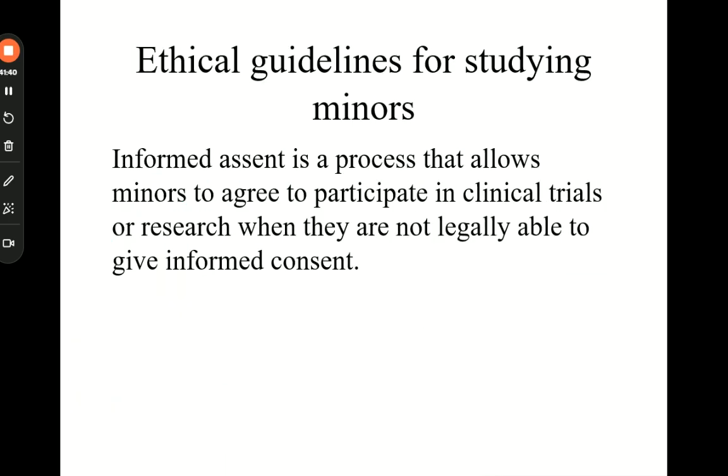When you're studying minors, people under the age of 18, you need informed assent. It's a process that allows minors to agree to participate in clinical trials or research when they are not legally able to give informed consent. So you could do studies on kids, and you don't need parent permission, but you do need something called informed assent.